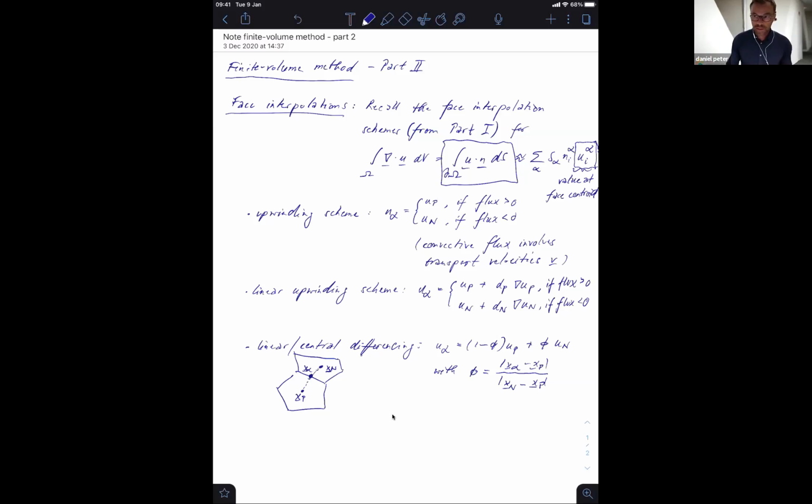Now in 1D and in structured grids, this is fairly simple. But as soon as we have unstructured grids, let's say we have two cells, and if we just connect the centroid points and use a linear interpolation between them, then we're making an error because we're not interpolating to the actual face centroid.